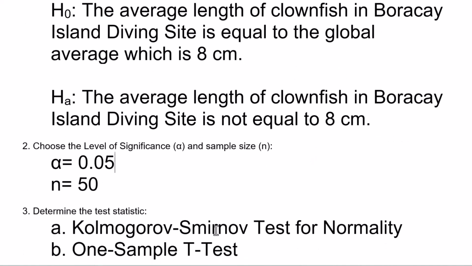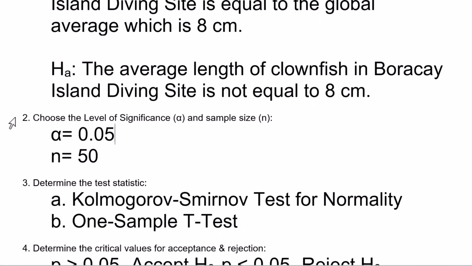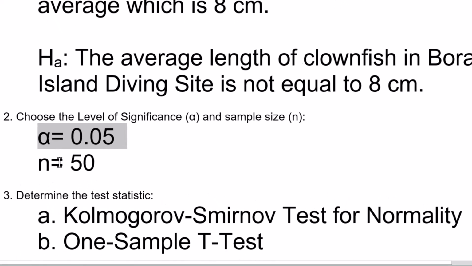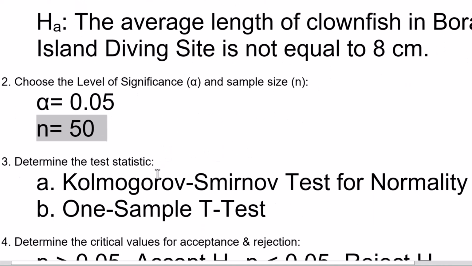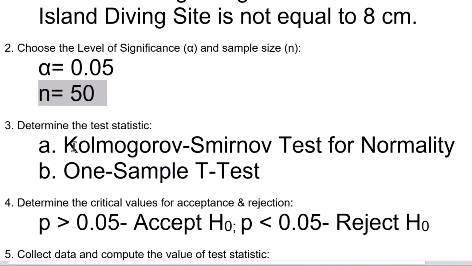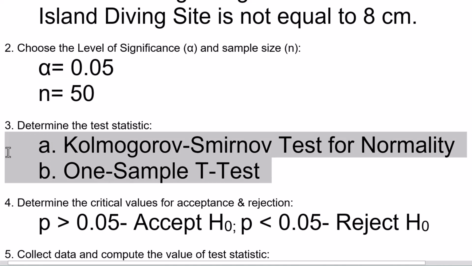Alright. And then step 2, we choose the level of significance or alpha and sample size. So by convention, we use the 0.05. Recall that with this, we are 95% sure of our decision later, assuming we haven't committed type 1 error. Our n is of course 50. And step 3, we will determine the test statistic needed to answer our problem.